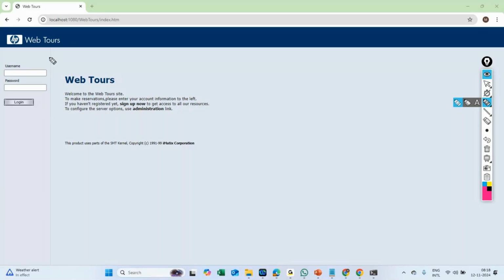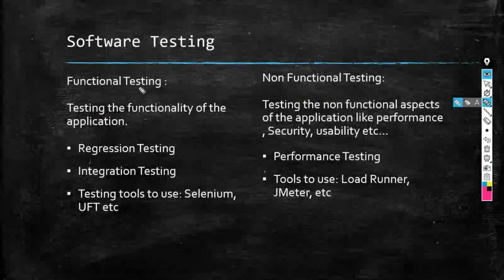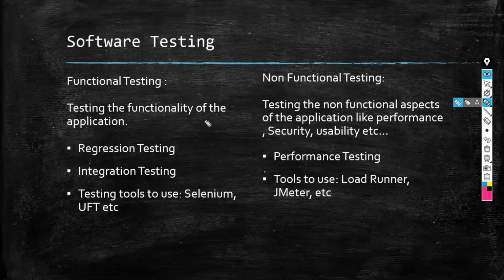It means I want you to test whether the user is able to log in successfully or not. We generally enter the username and the password and click on the login button, correct? If the user is able to log in successfully, provided the user entered the correct username and password, then the login functionality is working as expected, correct? So functional testing is all about testing the functionality. If you're testing the functionality of the application, it is part of functional testing.